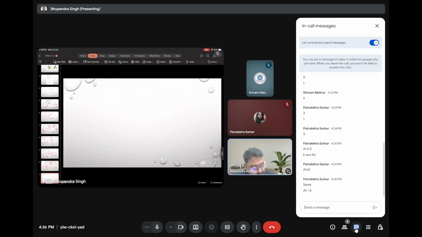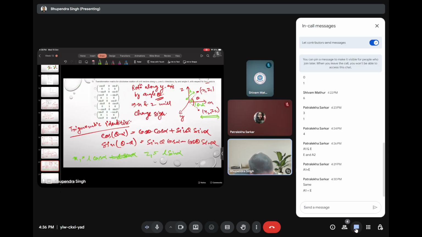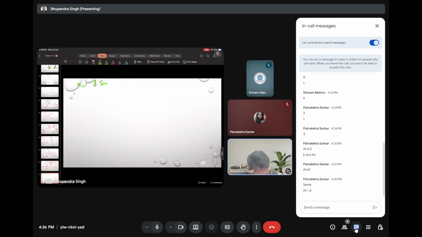Next, for x2, it will be L cos of theta minus alpha.